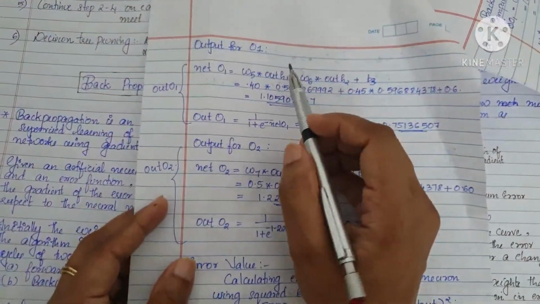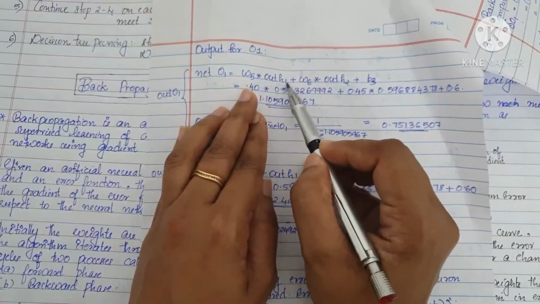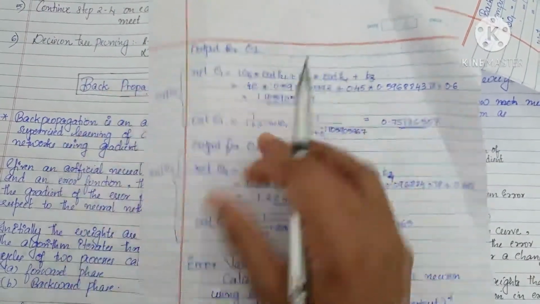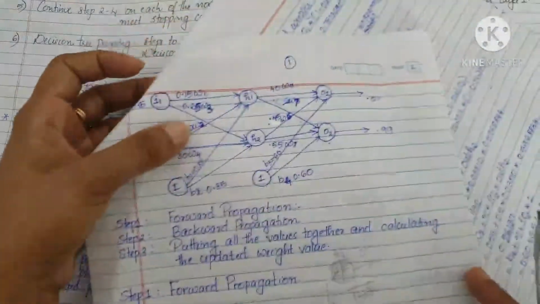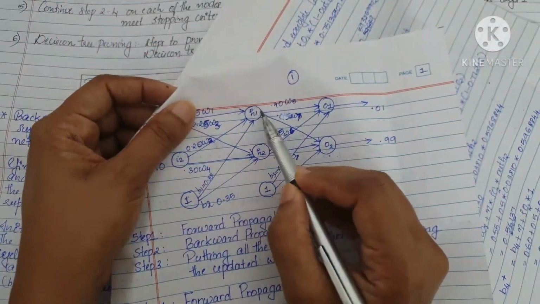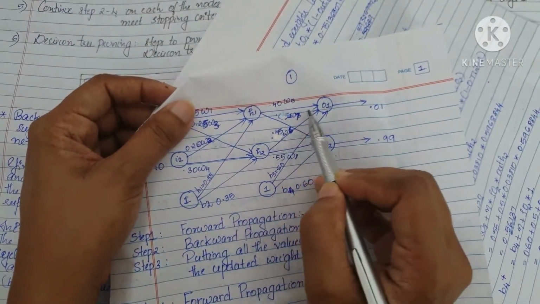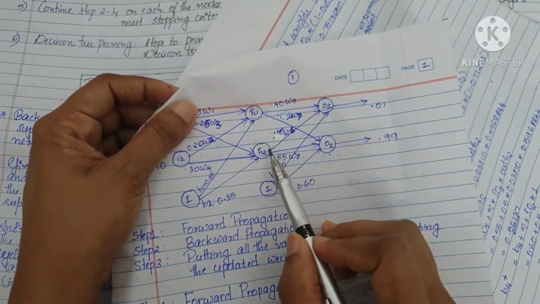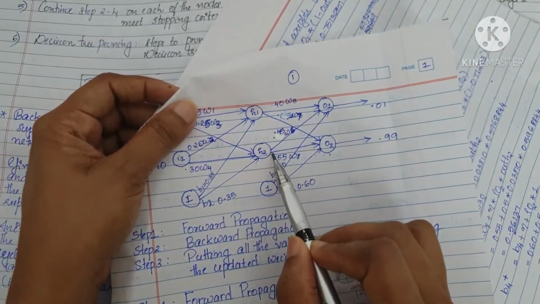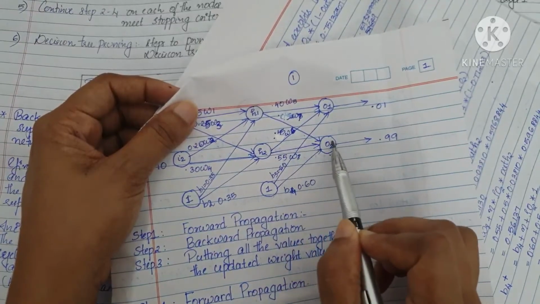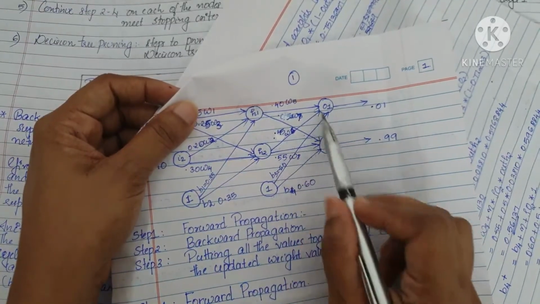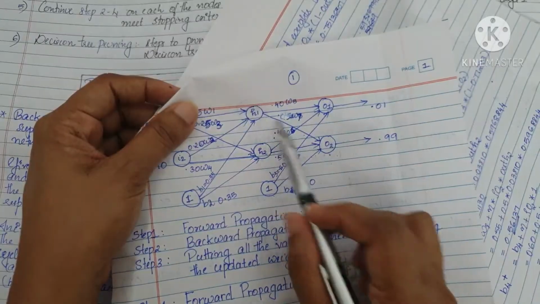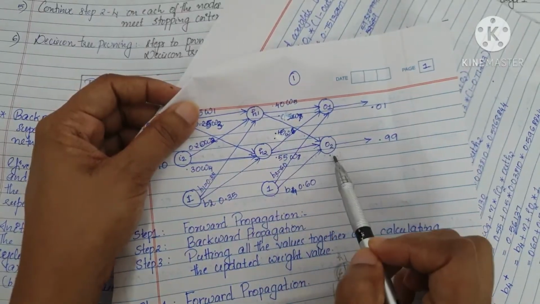So let's check. Output of O1 is equal to W5 into out H1. You can see here, output of H1 is actually fed as the input for O1, and similarly, output of H2 is given as the input for O2 also. In both cases, the outputs of H1 and H2 are going to O1 and O2 respectively.